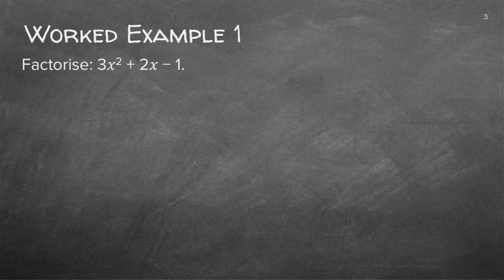Now this is what you do. First thing, you open two brackets and you break down the first term. So factors of 3, which is a, remember this is in the form of ax squared plus bx plus c. Factors of a alone will be 3 and 1.